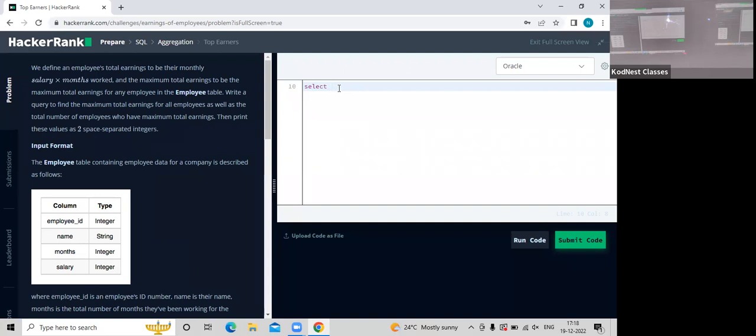We will write select the number of months they have worked, multiplied with what is it? Salary. Yes or no? We can do like this. But if I am performing sorting outside, then what will happen? I cannot write row number.